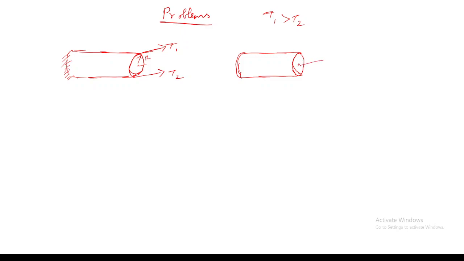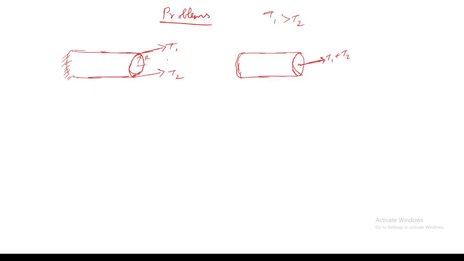Can you say what will be the load at this point if I am replacing T1 and T2 by an equivalent load and equivalent couple? T1 plus T2. Yes. And what will be the couple at this point, in this plane of cross section? Is it parallel to the plane of cross section or perpendicular to it?